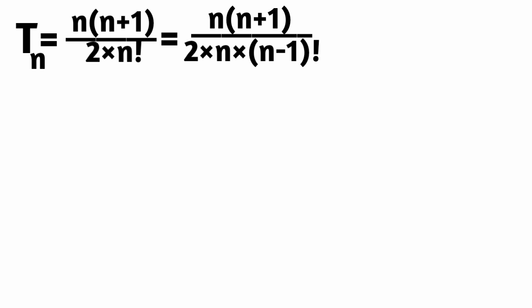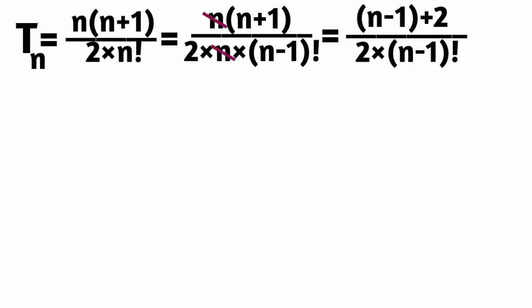We can see that the numerator and denominator have a common factor, which is n, so this n will be cancelled out. Now we can say that the new term is (n plus 1) divided by 2 into factorial n minus 1, but n plus 1 can also be written as (n minus 1) plus 2.